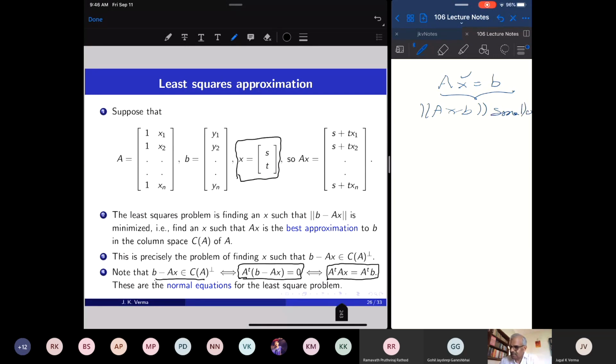And this happens if we take the projection of B into the column space of A. This is a projection of B in the column space of A, so it is of the form Ax.